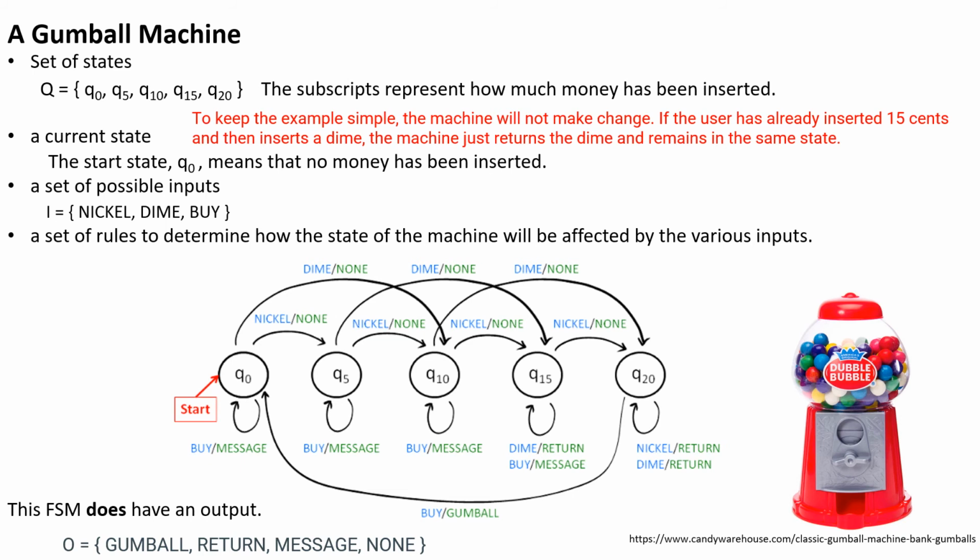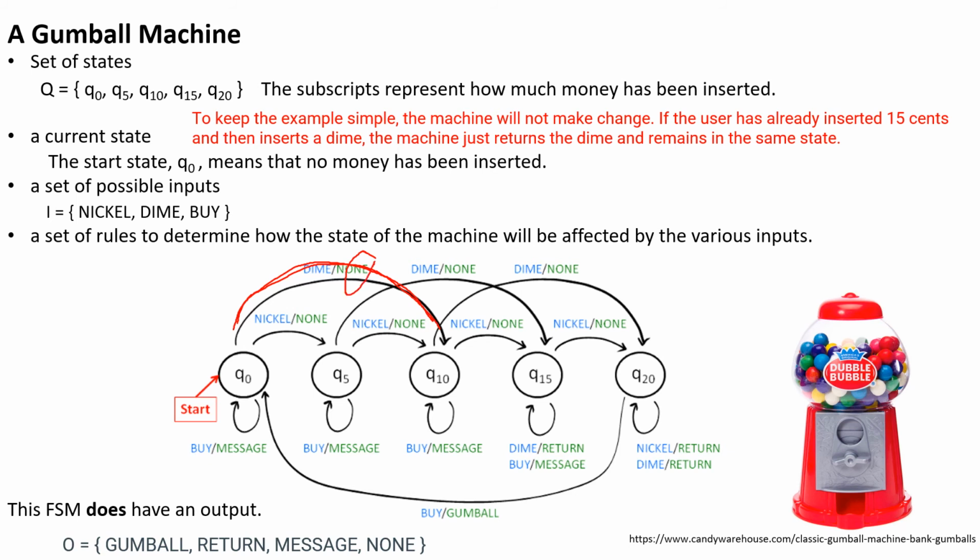And let's say they put in a dime. Okay, if they put in a dime, we're going to go along this red arrow where we put in a dime. What's the output there? Well, this says none, and that's true.